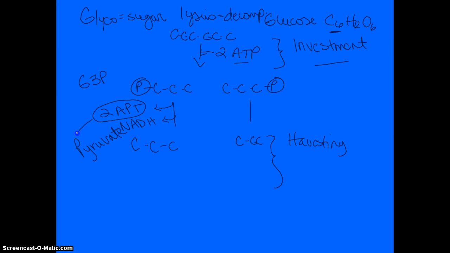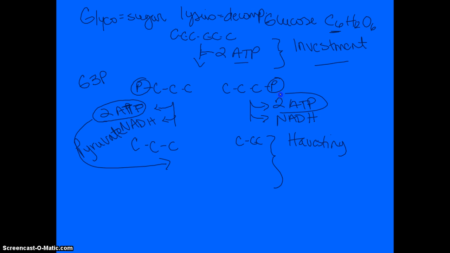So that's part of the harvesting stage. And on this side, because we have this identical molecule, it's also going to, in the process of being changed from G3P to pyruvate, give off 2 ATP. I just noticed my mistake over here: 2 ATP molecules here, 2 ATP molecules here, and an NADH molecule here.